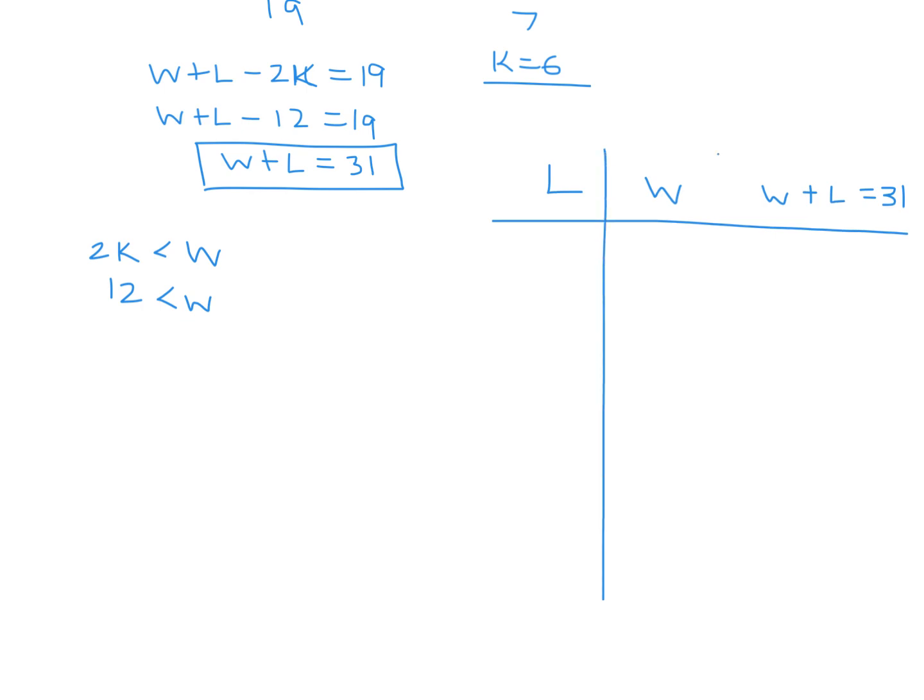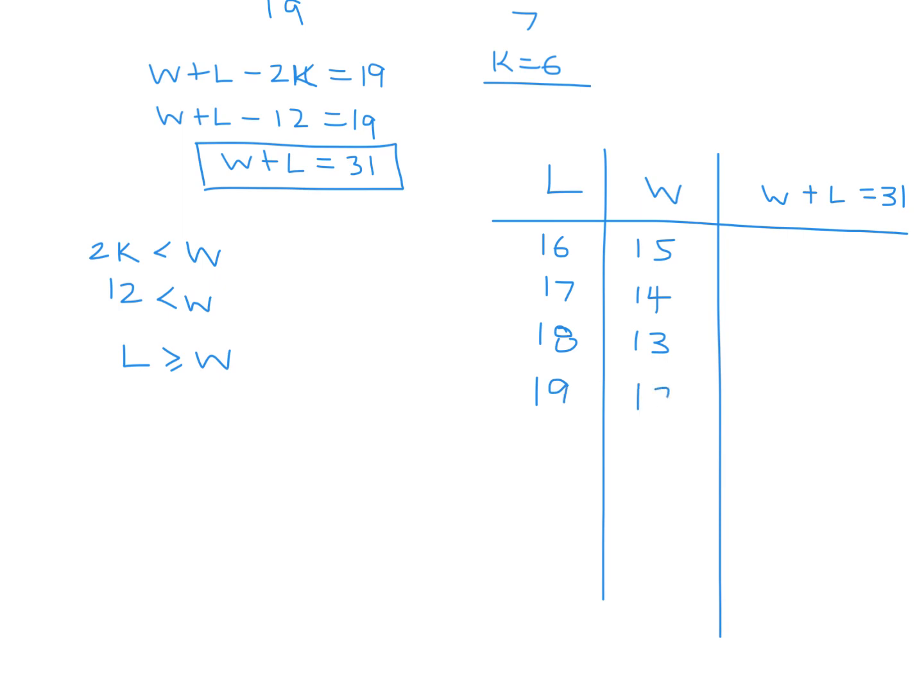Let's see what kind of scenarios we can get. I think L being greater than or equal to w is also a parameter. So the first scenario is a 16 and a 15. Then we can have a 17 and a 14, and then an 18 and a 13, and then 19 and 12. That one we get into trouble because that does not fulfill the criteria anymore.